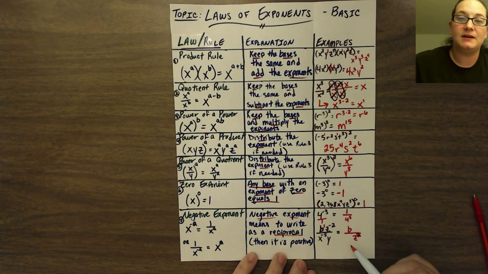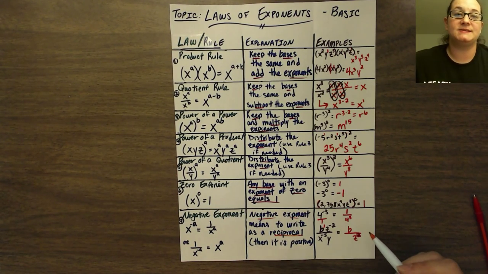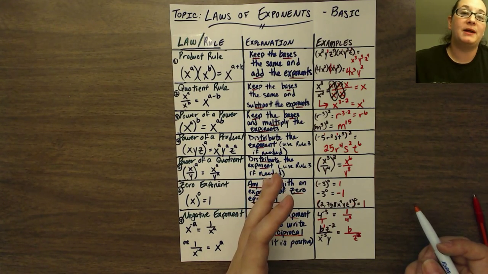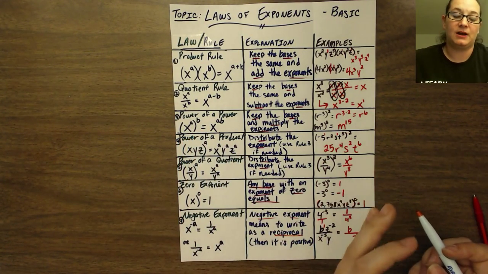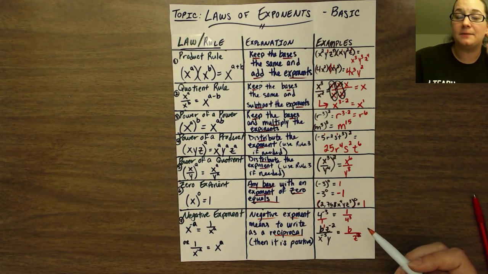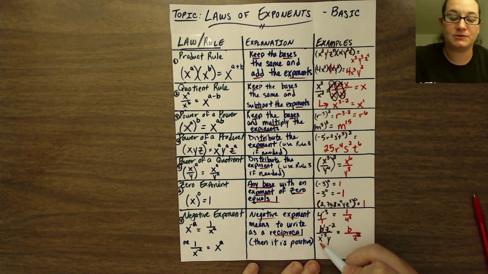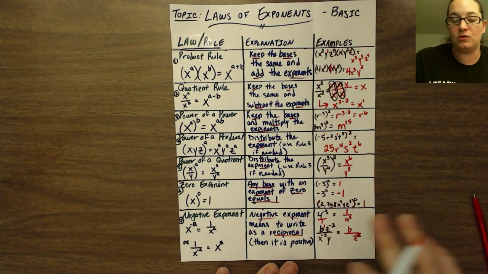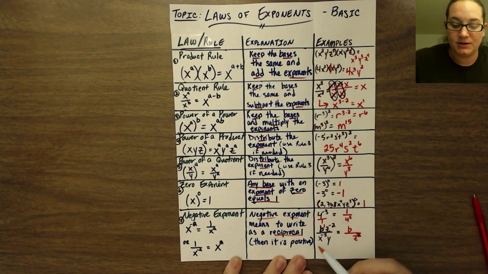And math grammar wise says that my alphabetical letters should go left to right. So if you want to start writing them, b would be first, x could come next, then y, then you would move your z. That way you know it looks right in your answer.